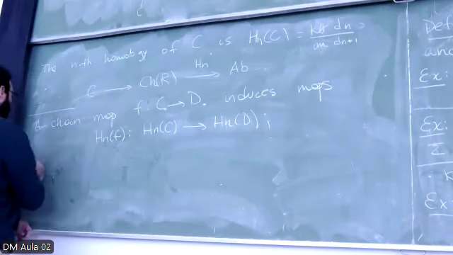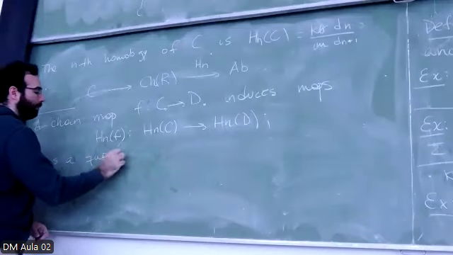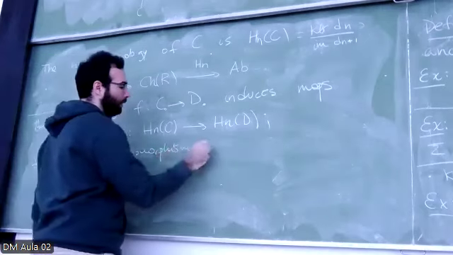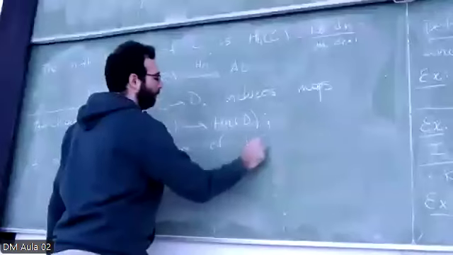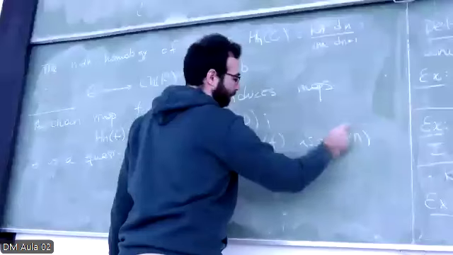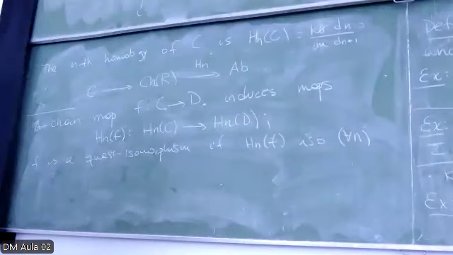And we say that F is a quasi-isomorphism if all of these maps are isomorphisms. So F is a quasi-isomorphism if it induces isomorphisms in all homology groups.